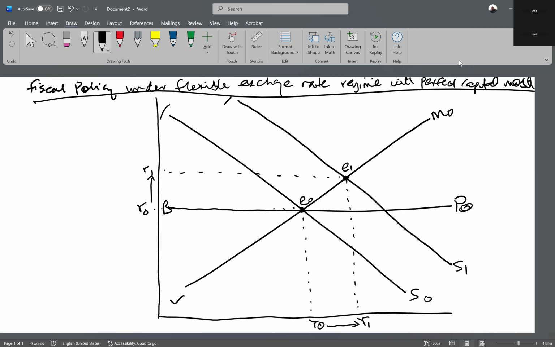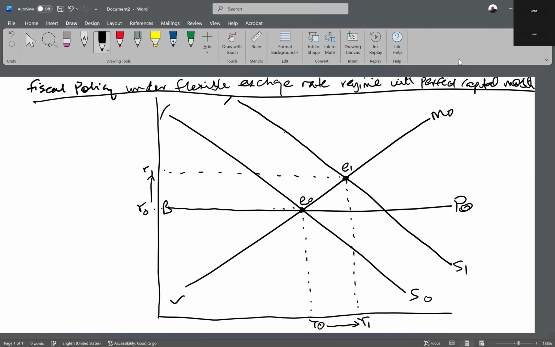So since net exports, X minus M, is on the IS curve, the balance of payment deficit will lead to the IS curve shifting to the left. So the IS curve will shift back to the left. Initially, this is the fiscal policy.